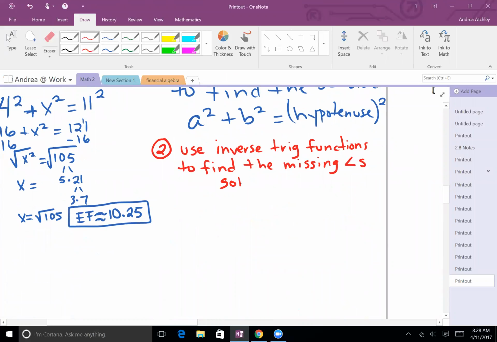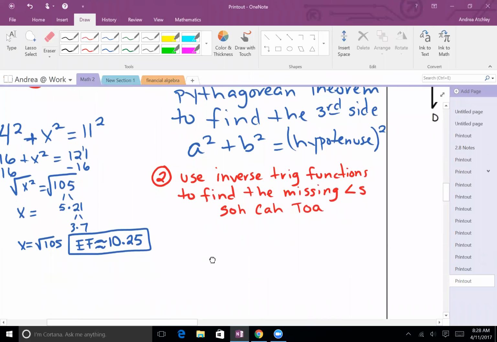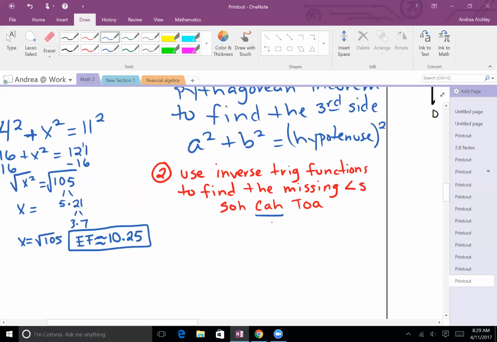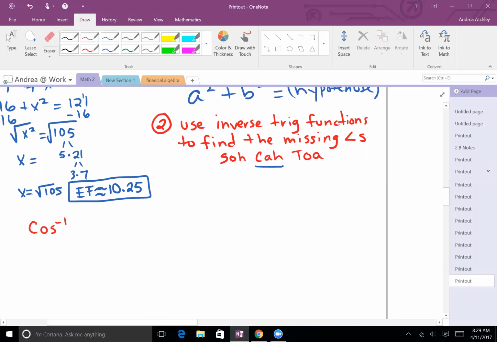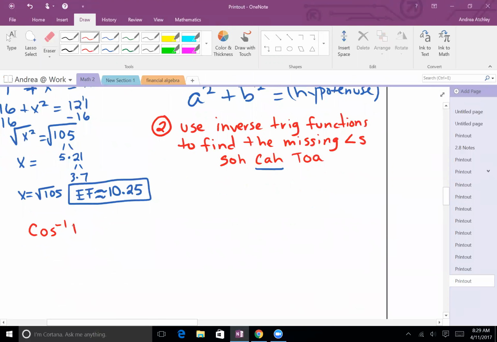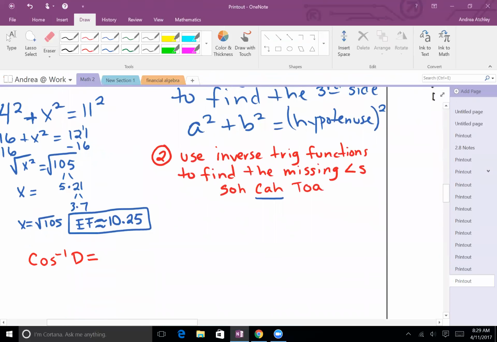So we identify the adjacent and hypotenuse, which is cosine. So I'm going to do the inverse cosine of angle D equals the adjacent of 4 over the hypotenuse of 11.